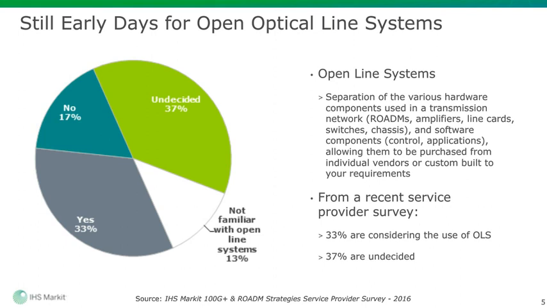And of course, within the open line system, it's a separation of line equipment from, say, the client side and transponders. So results from that, about a third are considering the use of optical line systems, and you've still got a huge chunk, 37%, that are undecided, and a further 13% that are not familiar. So early days and still an opportunity both for education and to see how things are going to proceed within the industry.